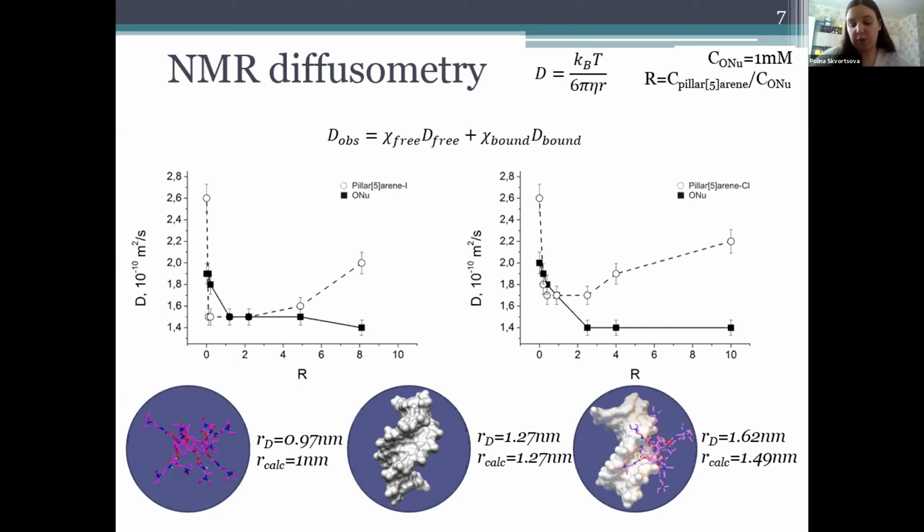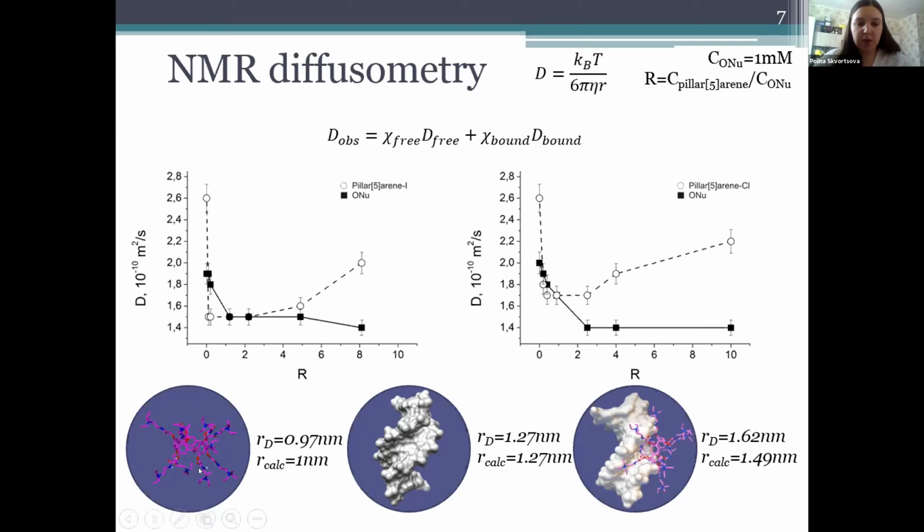Some differences between pyrrolurines are visible from the self-diffusion coefficients data. The self-diffusion coefficient of pyrrolurine iodide takes a minimum value, which corresponds to the self-diffusion coefficient of the complex, while pyrrolurine chloride does not reach it. We suggest that a certain amount of pyrrolurine chloride remains unbound.